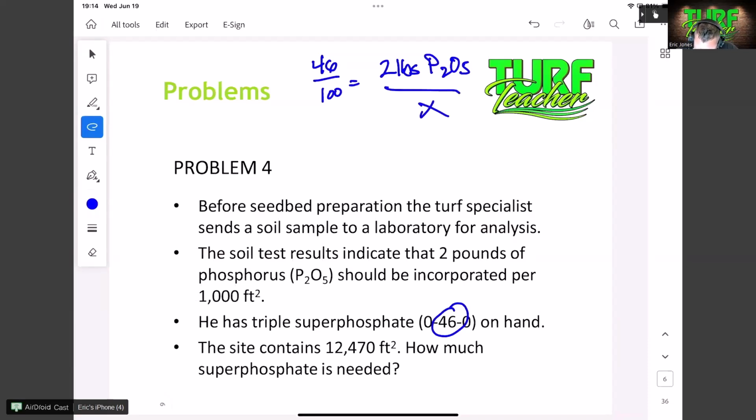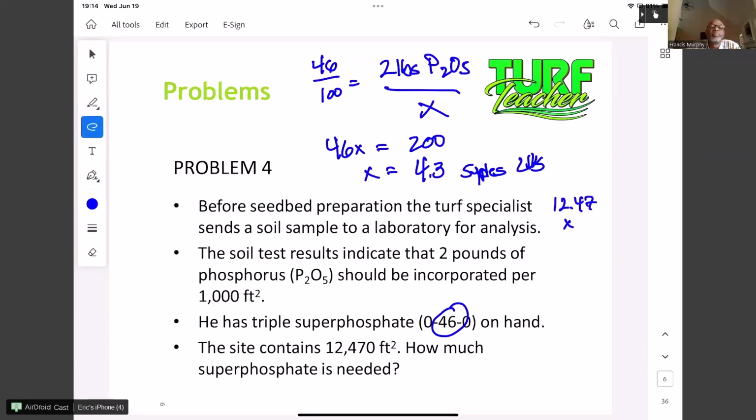We're going to solve for X. 46X equals 200. X equals 4.3, which will supply us 2 pounds. So the 12.47 times 4.3 gives us 54 pounds. 12.47 times the 4.3, 53.6, 54 pounds would do the job.